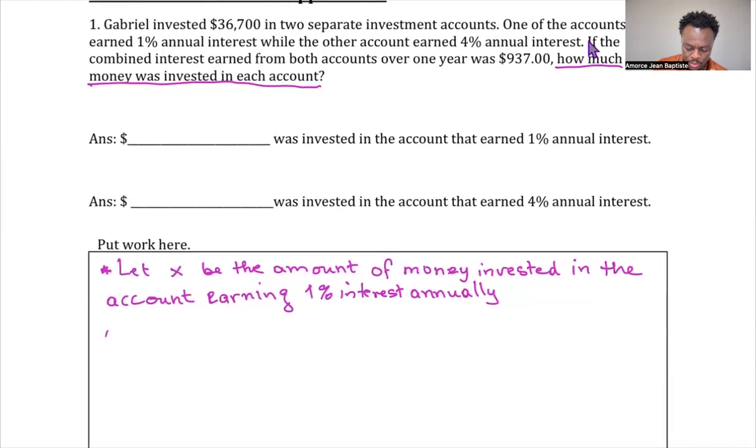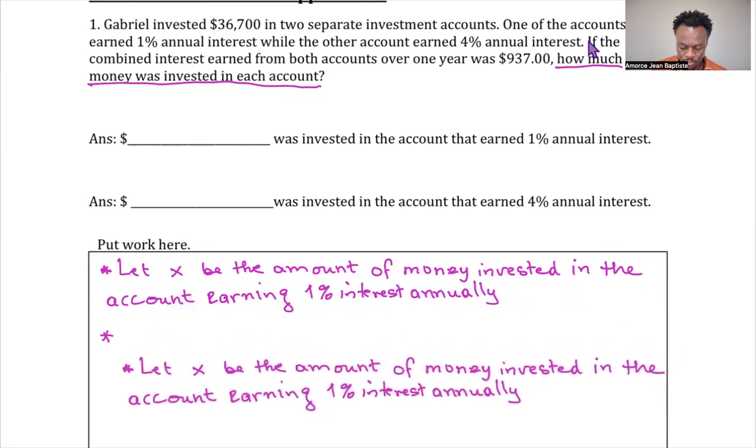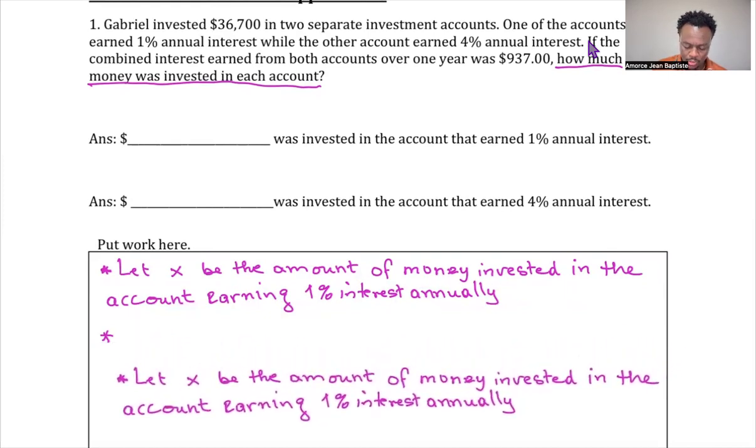And then I will call the second one something similar, but with another name, Y, for example.